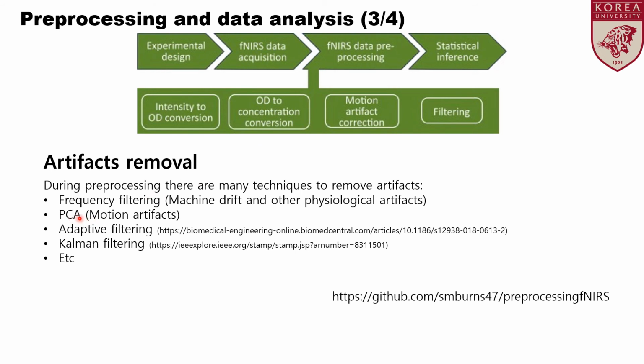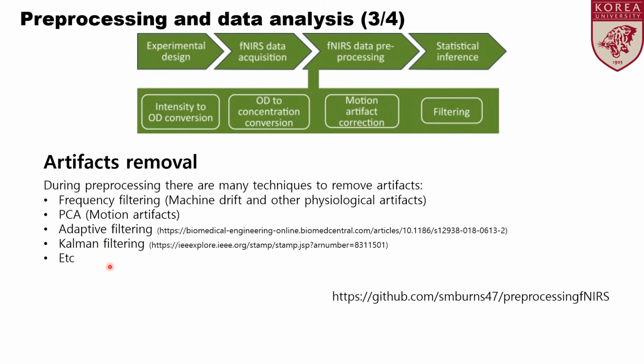The first one is frequency filtering, which is a really commonly used technique to remove machine drift and physiological noise. Physiological noises like respiration and cardiac artifacts. And principal component analysis can be used to remove motion artifacts.